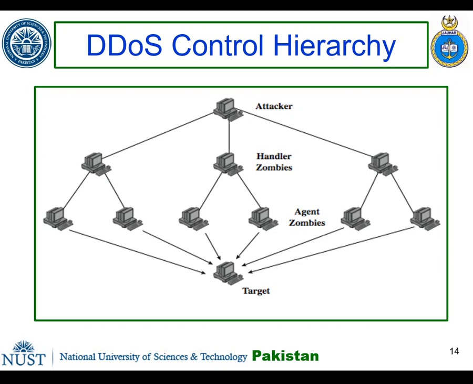There are a number of advantages to this arrangement. The attacker can send a single command to the handler, which can automatically forward it to all the agents under its control. Automated infection tools can also be used to scan for suitable zombie systems to compromise.